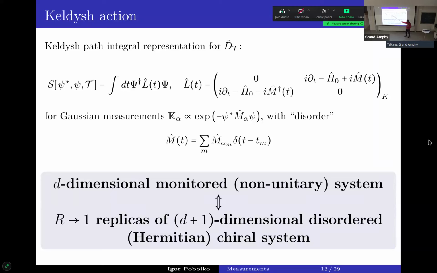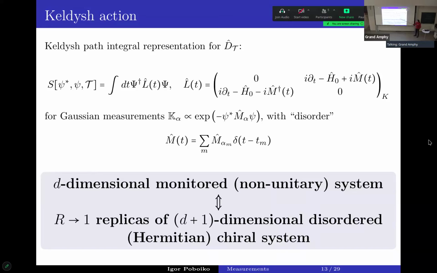You get a theory which is quadratic in your fermions, and essentially it's described by this non-Hermitian Hamiltonian H plus iM, where H is the constant hopping Hamiltonian that I had in the very beginning, and M describes measurements. And I can only write this field theory in this way, quadratic, if my measurement operators are quadratic. So this will be the important thing. The case that we were studying, the monitoring of density, corresponds to this universality class.